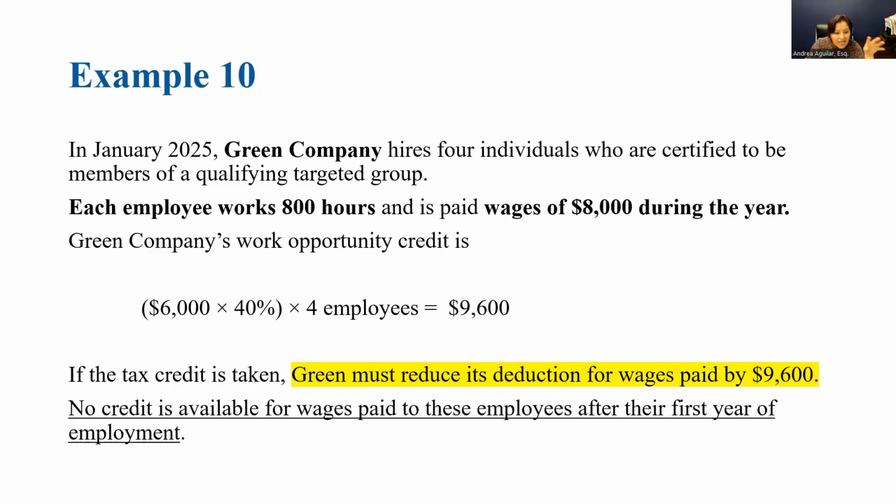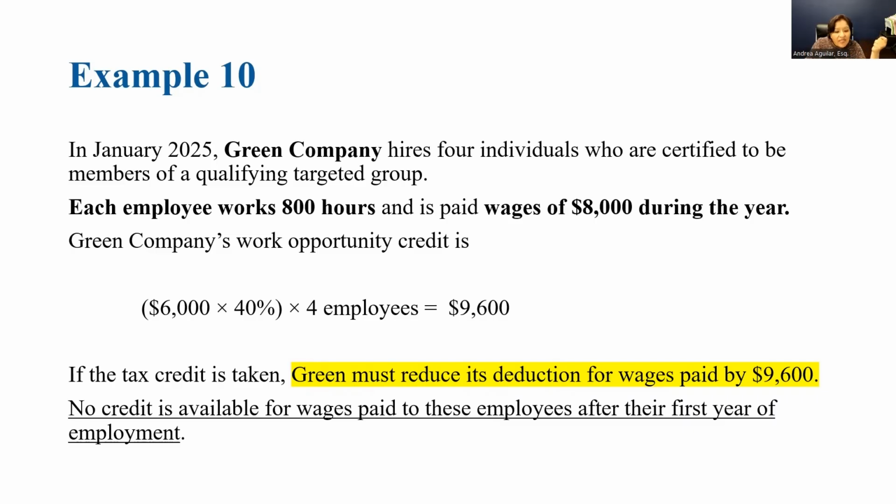So my credit would be 40% of the first $6,000, right? $2,400 times 4, so $9,600 is the amount of the work opportunity credit.